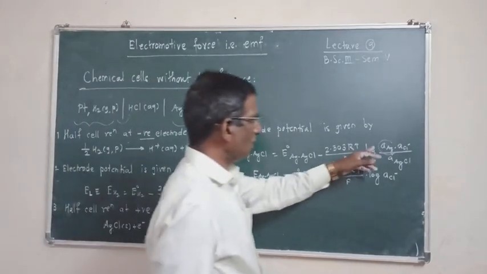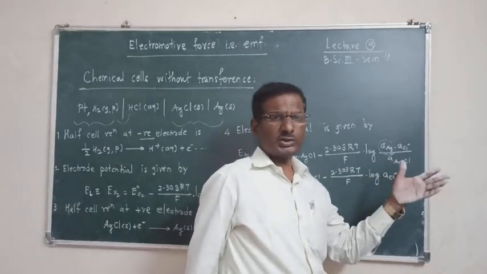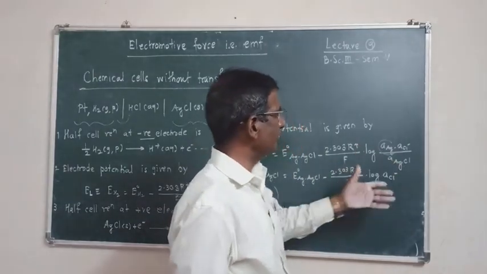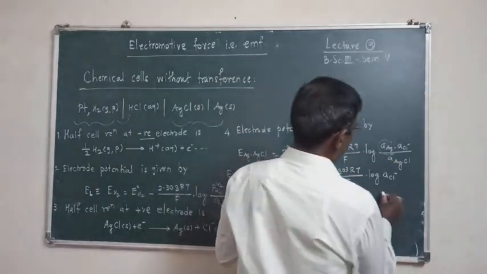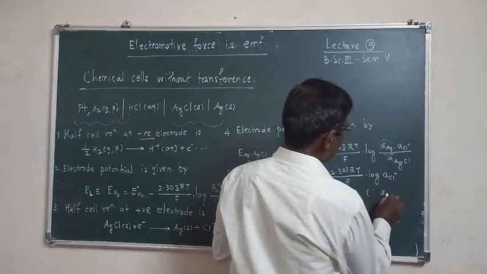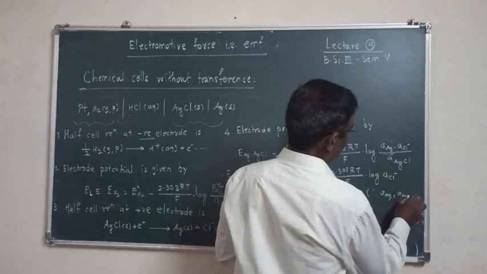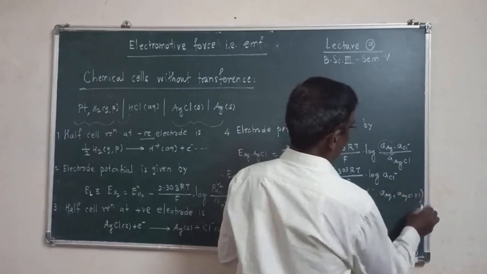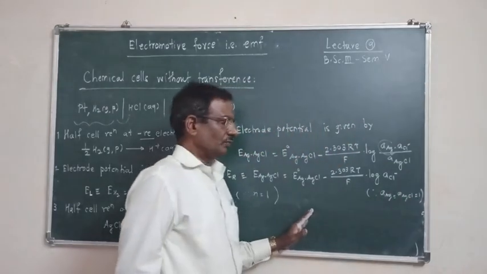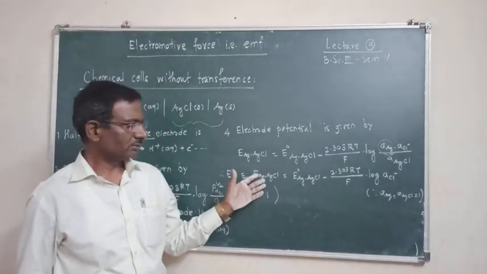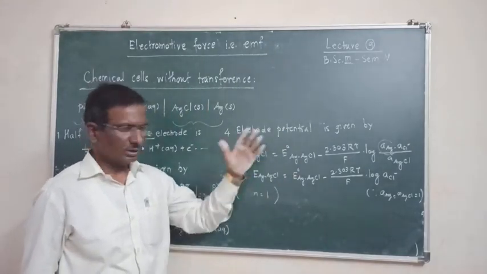In this case Ag is solid and AgCl is also solid, therefore their activities are 1. So we can write that the activity of Ag or the activity of AgCl is equal to 1. Remaining part we will learn in the next slide.